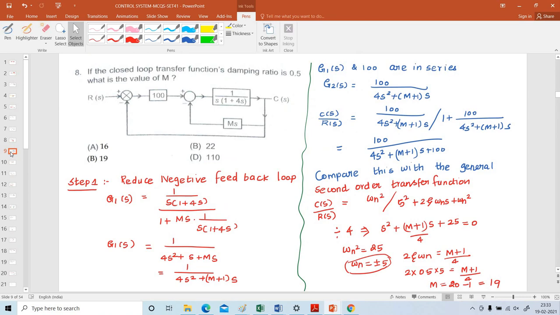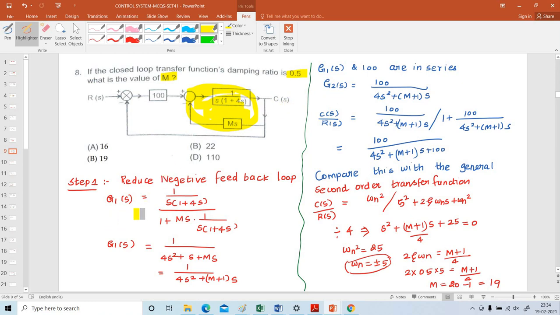Next, if a closed loop transfer function's damping ratio is 0.5, what is the value of M? So here the damping ratio is given. The damping ratio is 0.5. This is the block diagram which consists of 3 blocks: 1 divided by S into 1 plus 4S, MS and 100. So first consider this. This forms a closed loop, negative feedback.